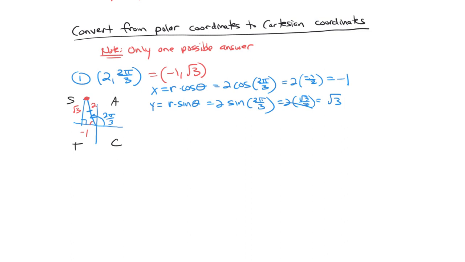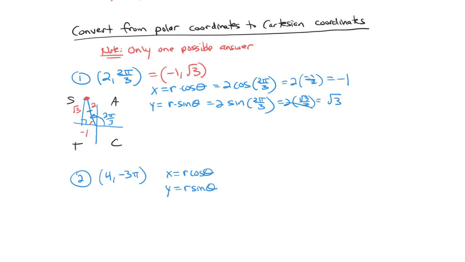Now let's try one more. This one's a little different. This one is the point 4, -3 pi. And this one you can do a couple of ways. But let's first just plug right in, and then I'll show you that just by looking at the picture, this one's kind of easy.